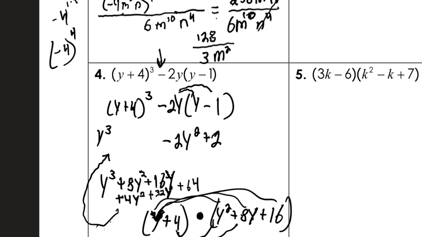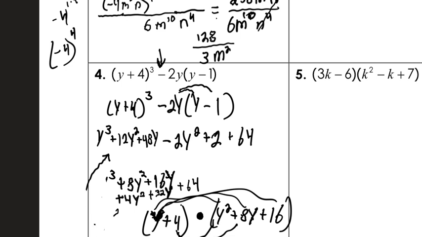I'll add it together and put it right up here next to where it should be. Y cubed plus 12y squared plus 32 and 16, 48y, 48y plus 64. I'll put the plus 64 on the end here, because it goes with that 2 kind of.